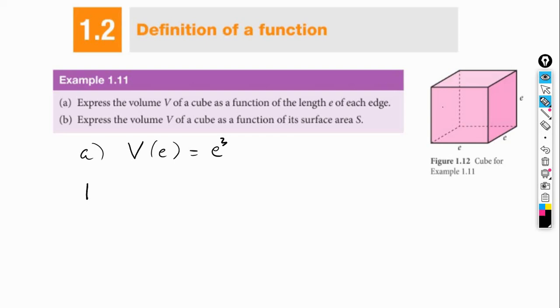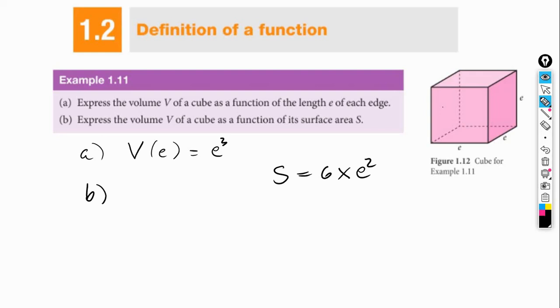Part B is a little bit more difficult because they want us to express the volume as a function of its surface area S. We know that the surface area of a cube would be equal to 6 times the area of each square, so 6 times E squared.